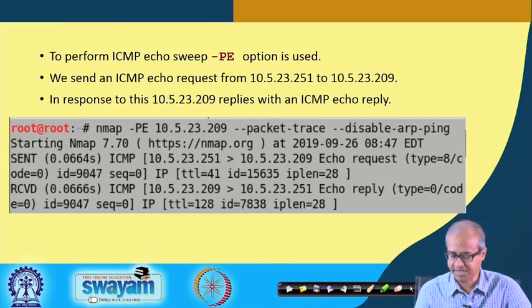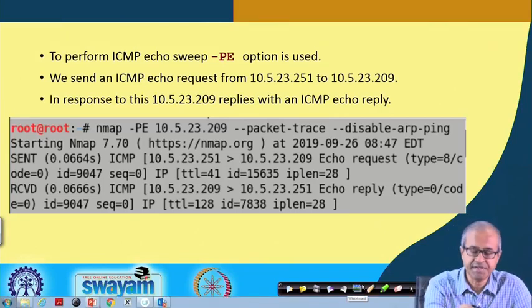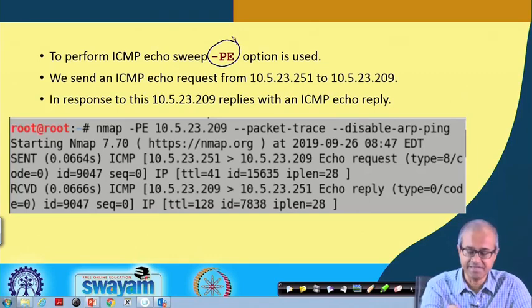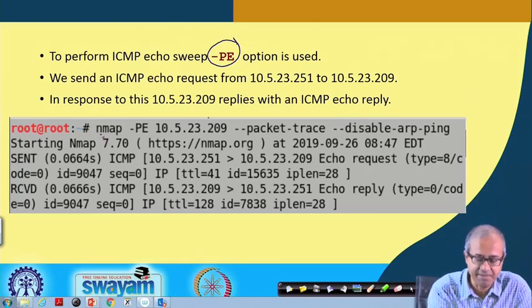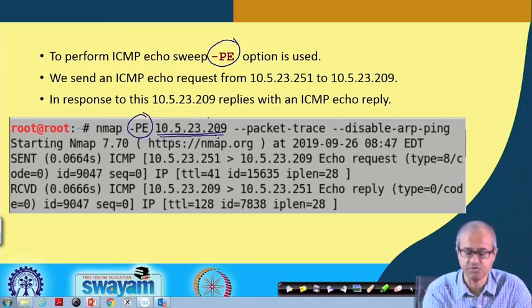So, here we have an example. To carry out this ICMP echo sweep, you will have to use the -PE option with your NMAP command. In this example, you see we have given nmap -PE, then we specify the IP address of the host.